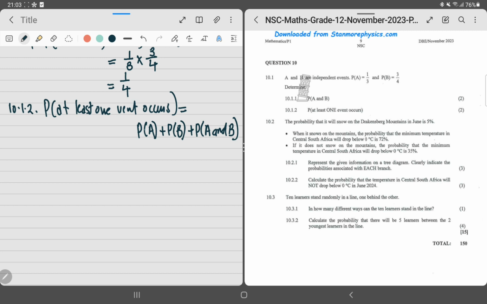So it can either be the probability of A occurring alone, or the probability of B occurring alone, or the probability of A and B happening at the same time.